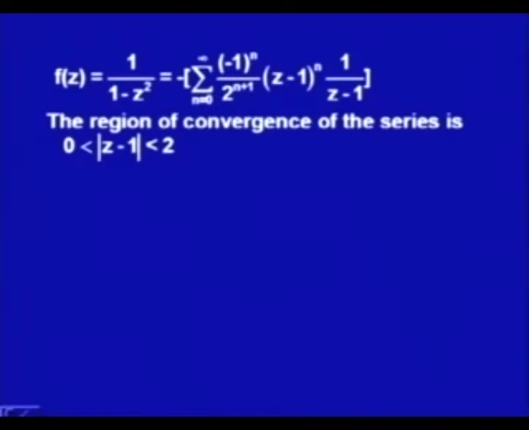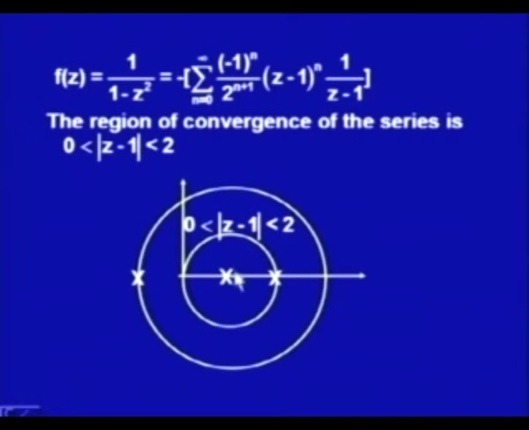Therefore, we consider modulus of z minus 1 is less than 2. Modulus of z minus 1 greater than 0 will take care that z is equal to 1 is not included in the annulus where the function needs to be analytic, and only then the Laurent series will be applicable. So, the region of convergence of the series is modulus of z minus 1 lying between 0 and 2.